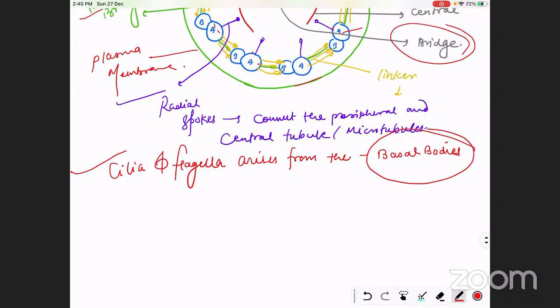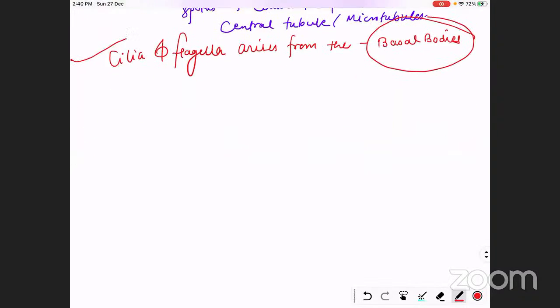Okay. Now we'll see about the centrosome and centriole. Basically, the centrosome is a structure containing two centrioles arranged perpendicular to each other.